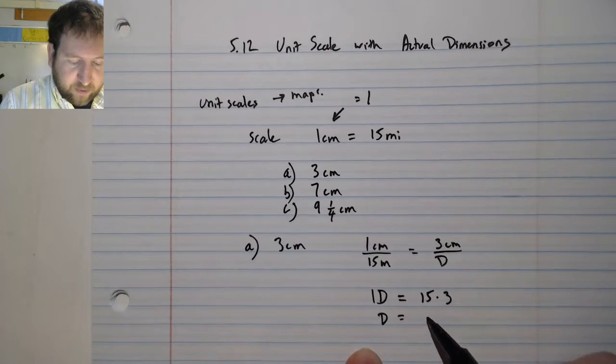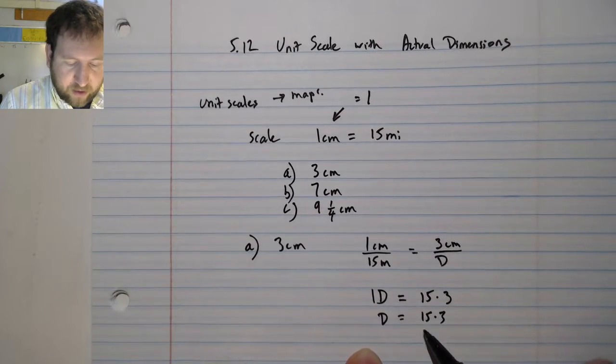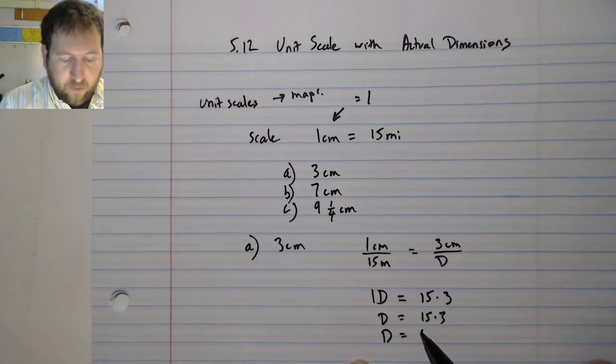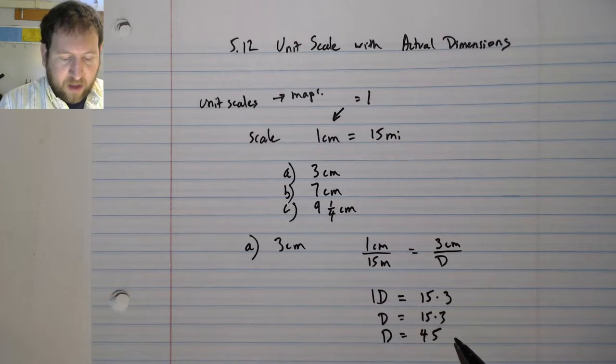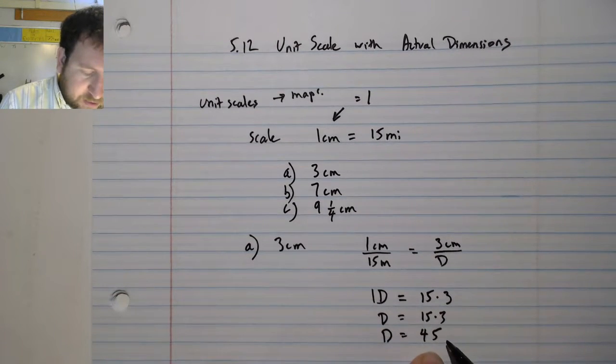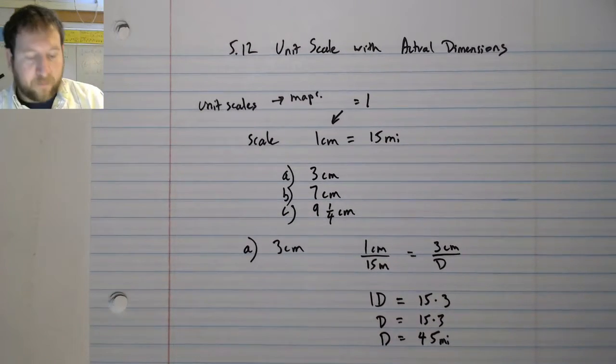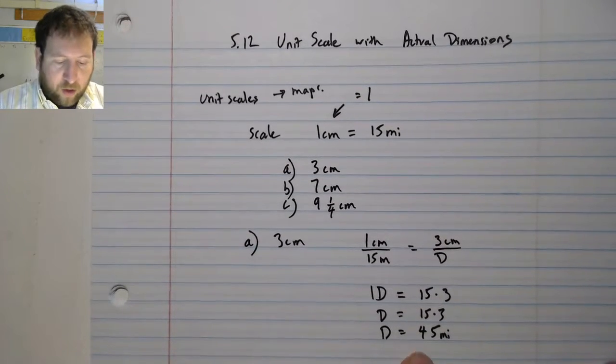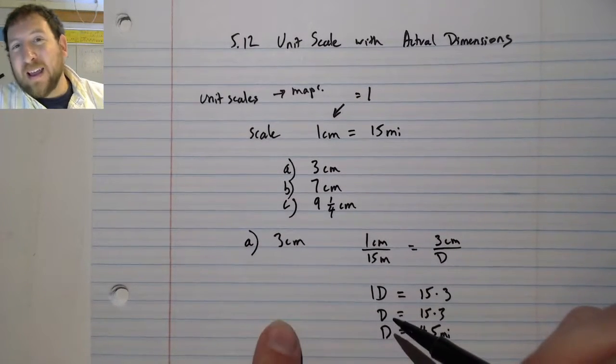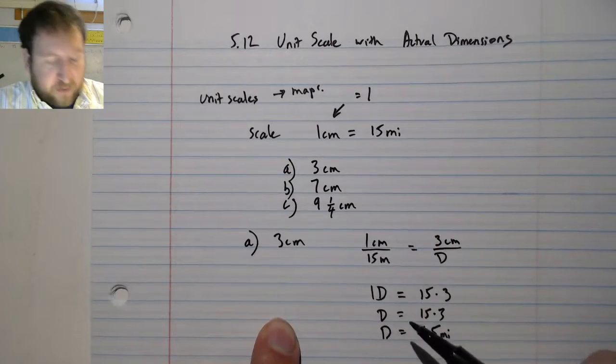My distance equals 15 times 3, which would be 45. And if I need to return my units, I can put my miles back in there. Now, this is a lot of work when there's a way to do this much easier.